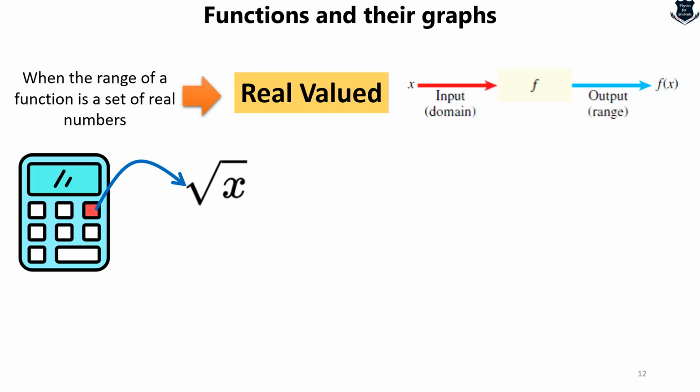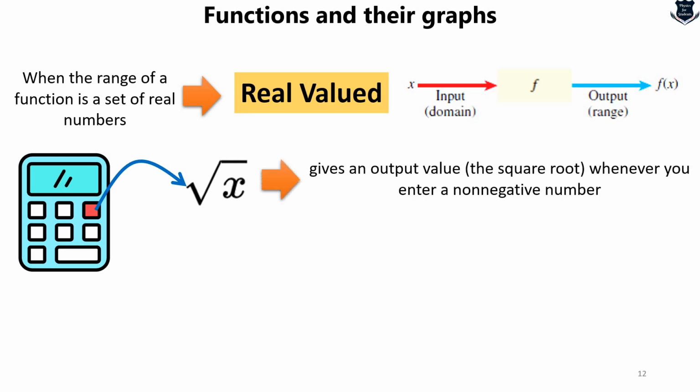And this function key, for example, gives the square root of x. And this square root of x on a calculator gives an output value, the square root. Whenever you enter a non-negative number x and press the square root of x key, it would give rise to this. So it's just an analogy that function keys on a calculator give an example of what a function is.